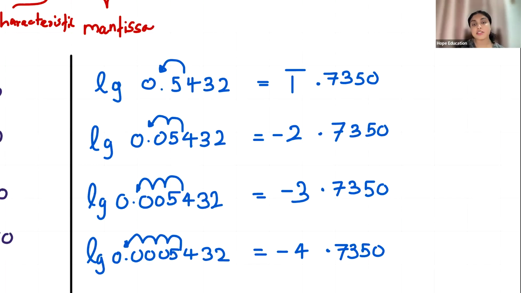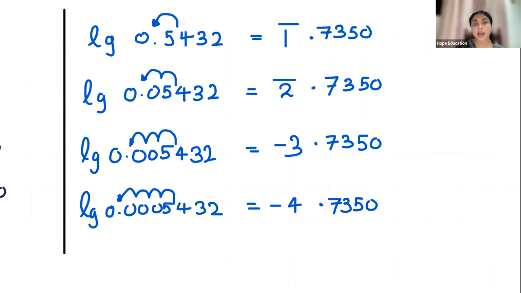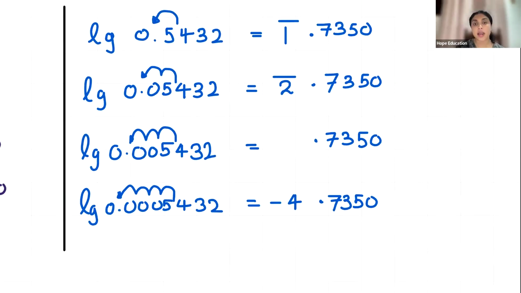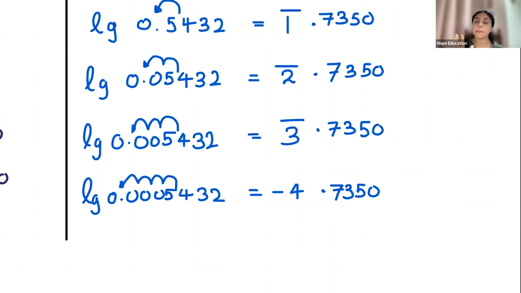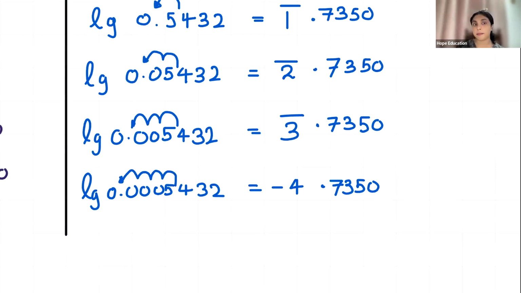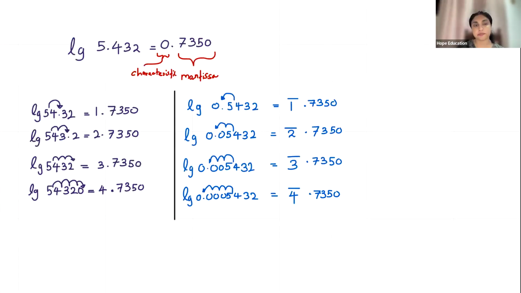When I have -2, I write it like this, which reads as bar 2. Here -3, I write as bar 3. The meaning is the same as minus, but in logs we don't put minus, we put bar. -4 is written as bar 4. This is how you write the log values.